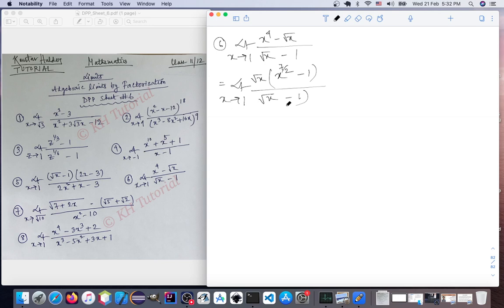Now this is x to the power half and whole to the power 7. So root x to the power 7 minus 1.